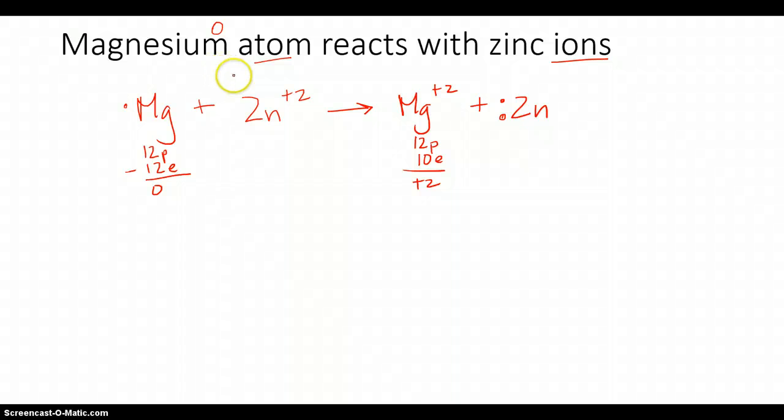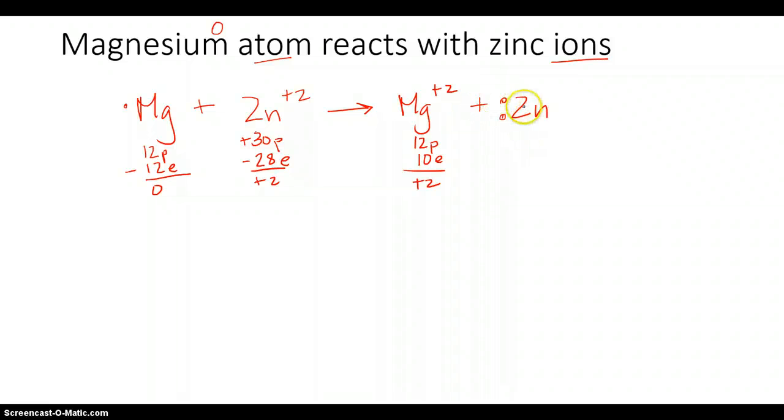Zinc, on the other hand, has 30 protons. I know this by looking at the periodic table. And I know that its electrons do not equal the protons because of this charge. So in order to get that +2 charge, I need to have 28 electrons. And that gives me that +2 charge.